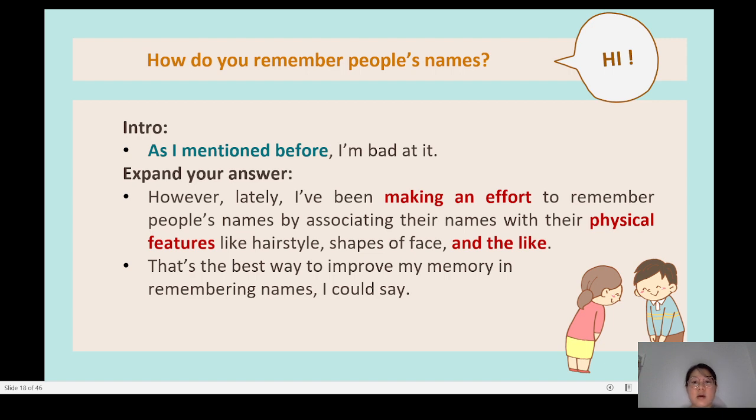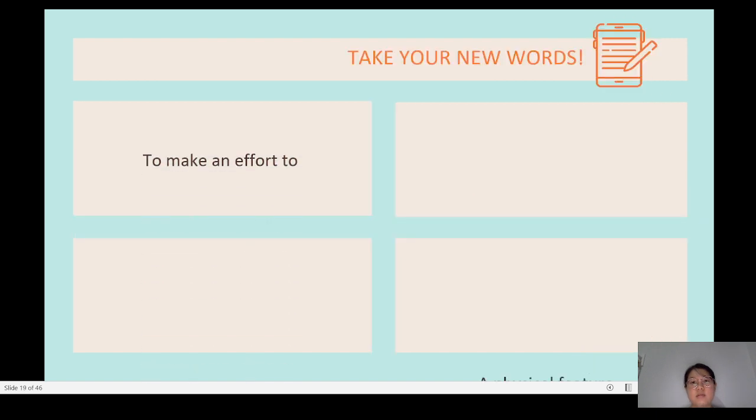Please observe my slides and collect useful information that you think is unique. And here are some new words.